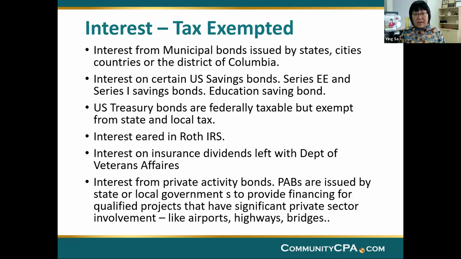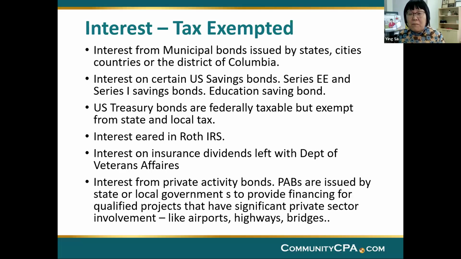So with that said, it is the government's initiative to drive certain activities going forward. To make that happen, they offer incentives, just like the private activity bonds, just like the municipal bonds. The local government may want to build a school, or maybe a highway. So they do stuff like that, right?